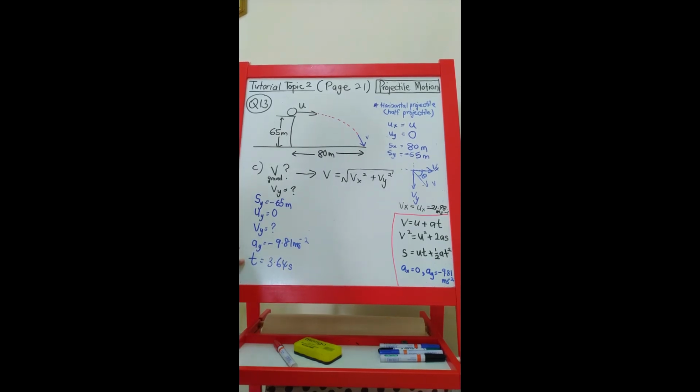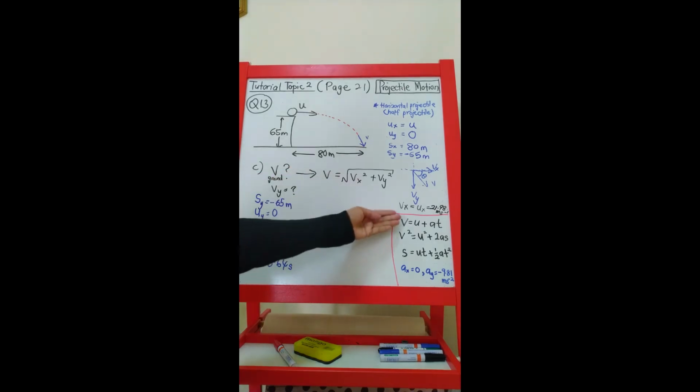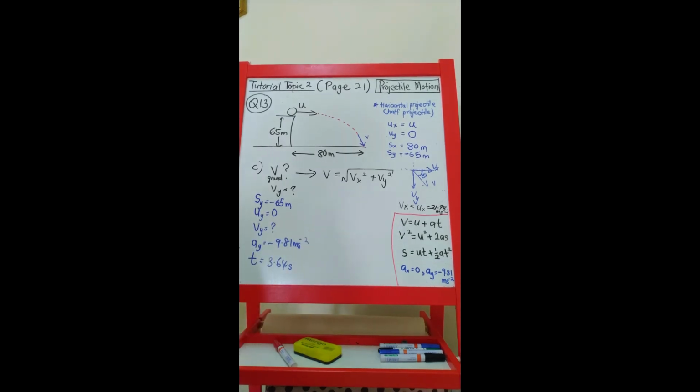So we have all this information. We want to find v, so ignore this equation, and we need to choose between this and this. Actually, you may use both equations, but as I mentioned before in question number 12, choose the easier equation, which is this one.